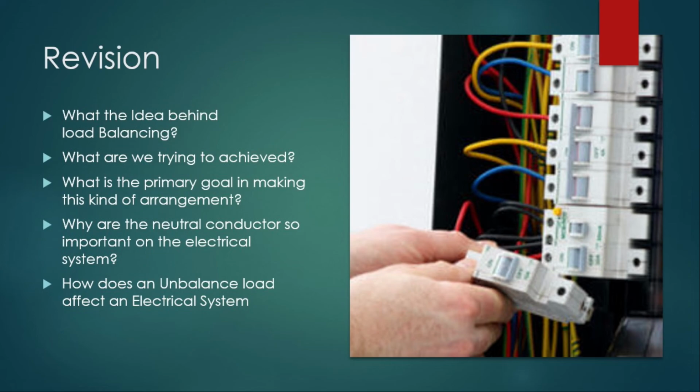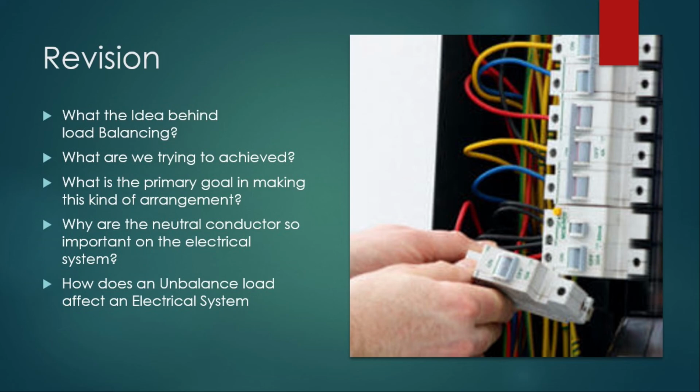So the next question is, how does an unbalanced load affect an electrical system? We are getting back to achieving balancing to ensure safety. An unbalanced system would basically create conditions of long-term failure in the electrical system.